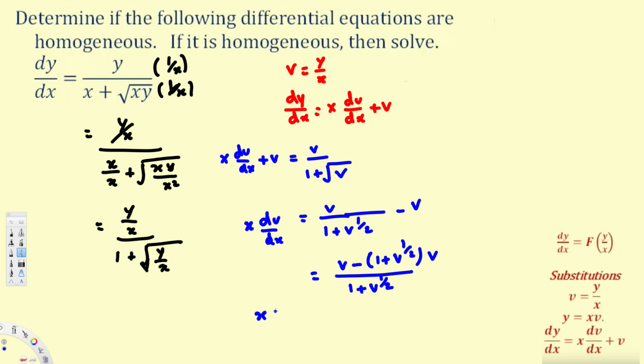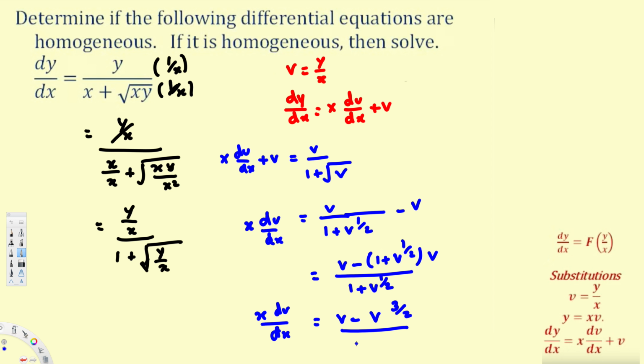So x dv by dx is equal to v minus v times 1, and then v times v power half, so 1 plus half, 1 is 2 by 2, 1 over 2 makes it 3 by 2.